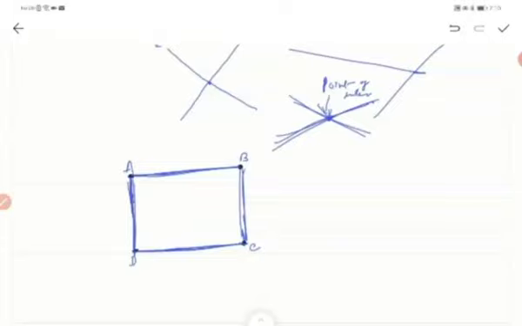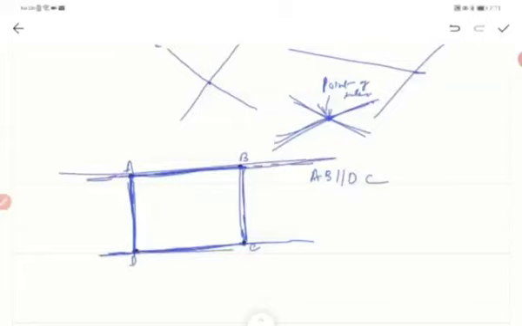You will say AB line is parallel to DC line, isn't it? When you extend this externally like this, from point A and point B, and here from point D and point C, you can see these two lines are parallel.